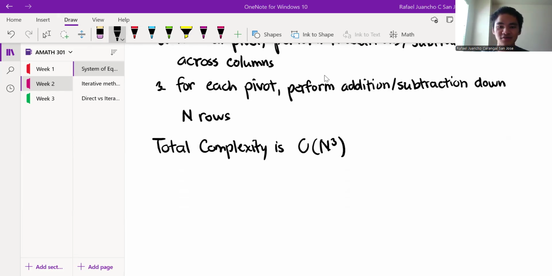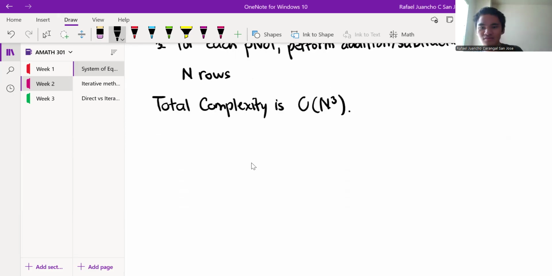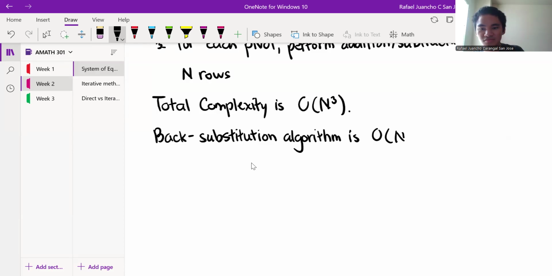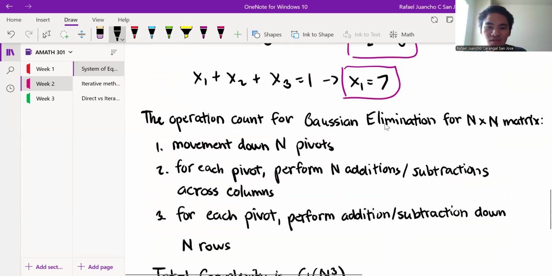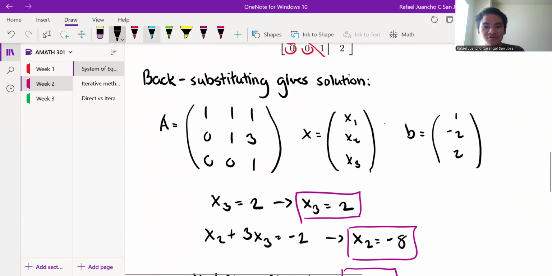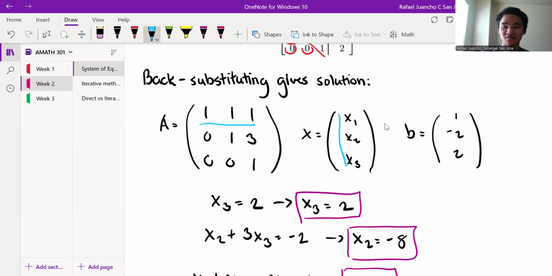And the back substitution algorithm can similarly be calculated. For back substitution, it is O of N squared. How can I tell? Well, the one that we did before: we do this and then this. How many multiplications did we do here? We did 3, so N multiplications. And how many additions?